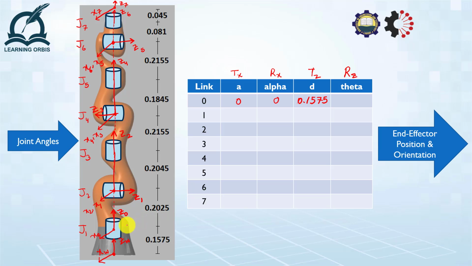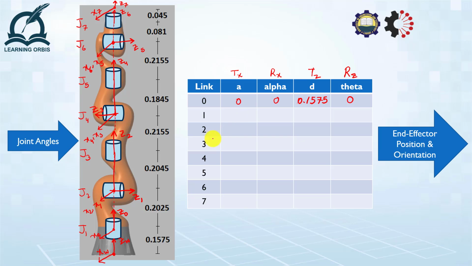And do we need some rotation about the z-axis? As this world frame is fixed, it cannot rotate. So you cannot rotate about this zw. Right now there is no rotation. Both x-axes are pointing out of the plane and they are parallel. So there is no rotation between them. So this theta is going to be 0. This is the first row of the DH table.